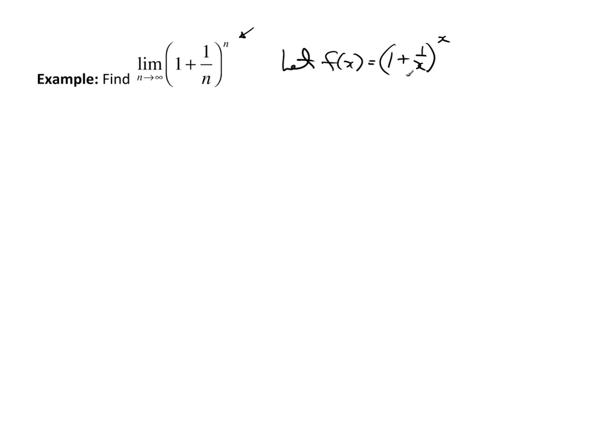See, for n equals 0, 1 over 0 would be undefined, but we will start n off at 1. So this matches up with an of 1 plus 1 over n to the n for n equal to 1, 2, 3, and so forth.